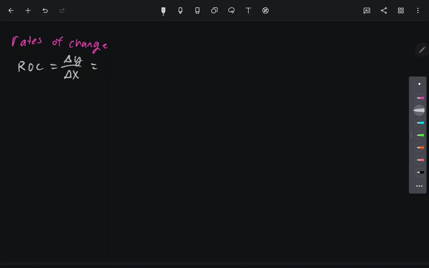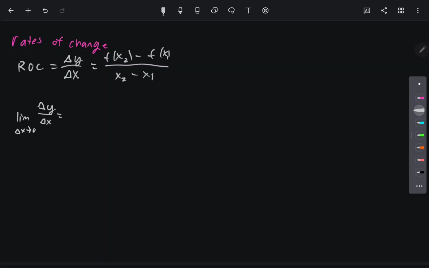If you're ever trying to find a slope of a normal line, we will often call this f of x2 minus f of x1 all over x2 minus x1. Well, suppose we take the limit. So we're going to just take the limit as the change in x approaches 0 of change in y over change in x.